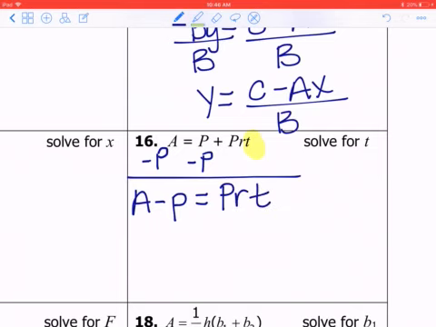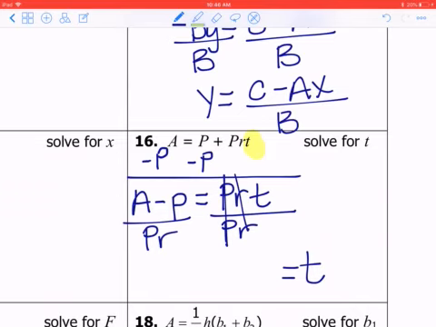PR and T are all being multiplied, so I'm going to divide by PR. They double cancel, and we're left with, again, this whole thing, A subtract P all over PR.